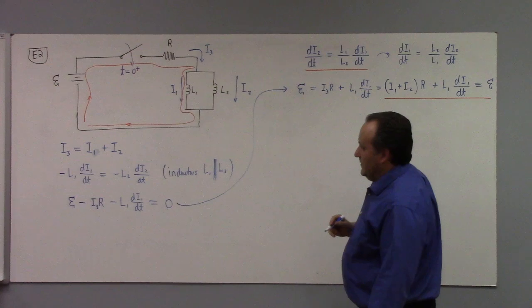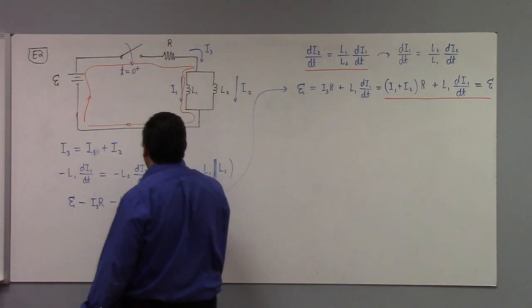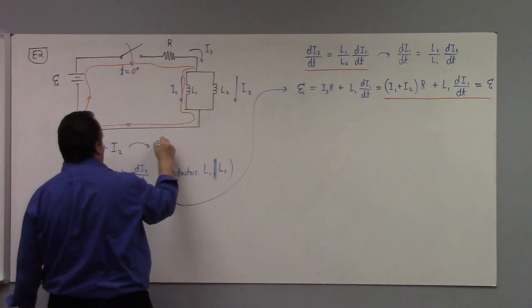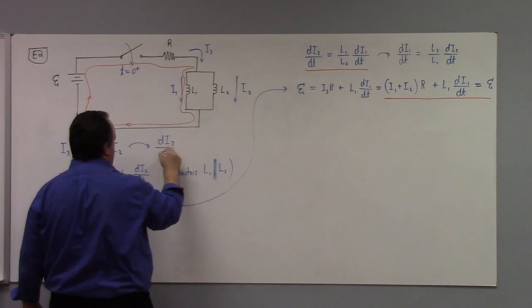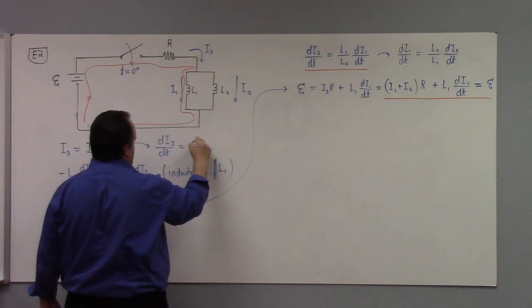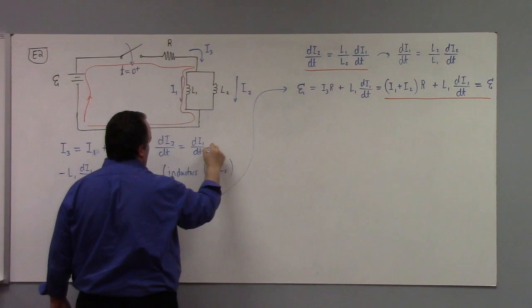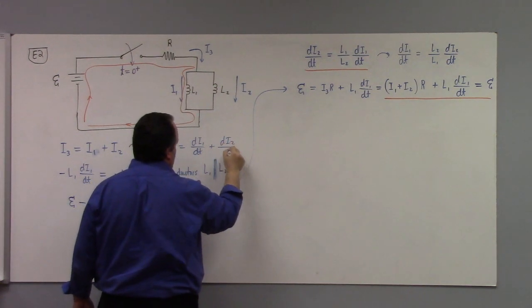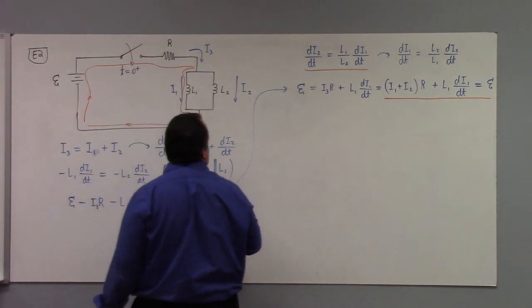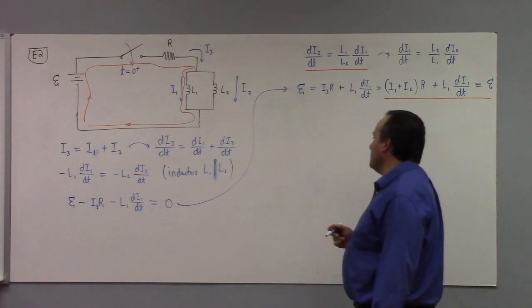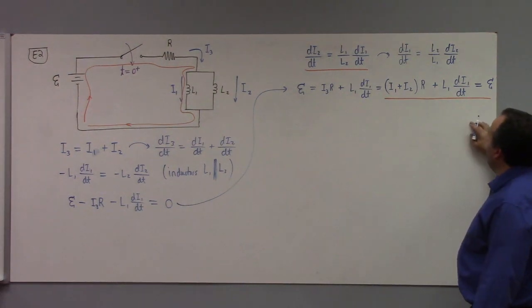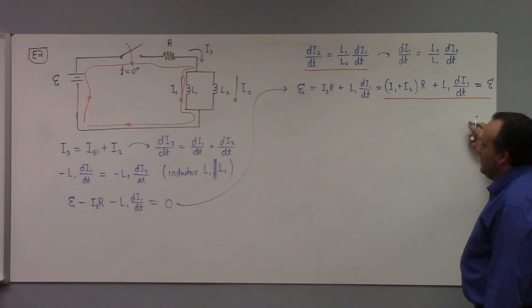The other thing we could do that we haven't done yet is we could differentiate this equation and learn that di3 dt is equal to di1 dt plus di2 dt. That might be helpful. Maybe. But maybe not also.